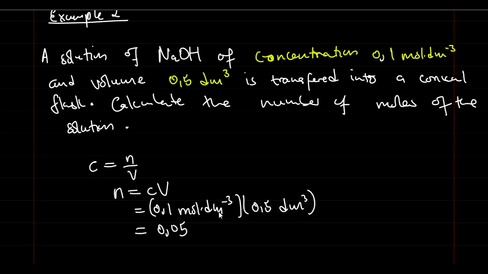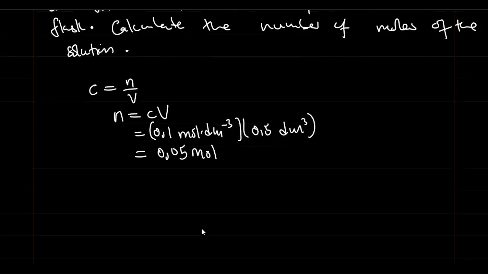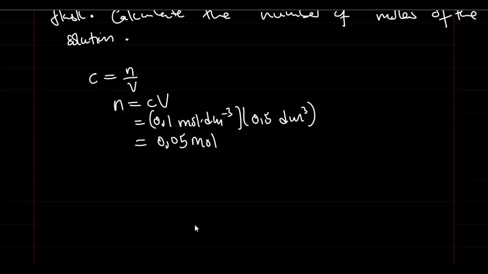When we multiply powers of the same base, we add the exponents. So when we add -3 to 3, we get 0. So dm exponent 0 is 1. So we no longer have dm, we only have mole. So dm cubed cancels per dm cubed, you see. So we have 0.05 moles. This is how you can calculate number of moles.